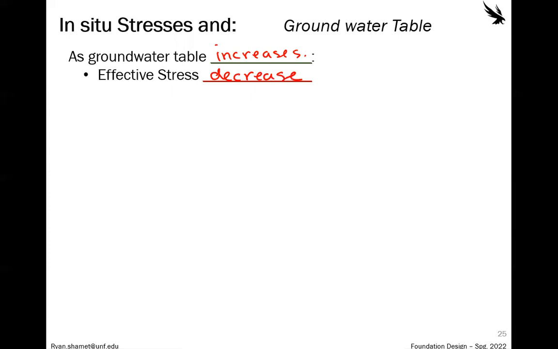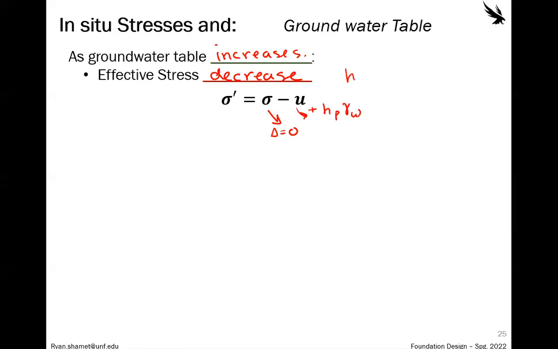And that is generally an issue, right? Our effective stress equation-wise is not going to change. But what we're doing is increasing our pore water pressure.